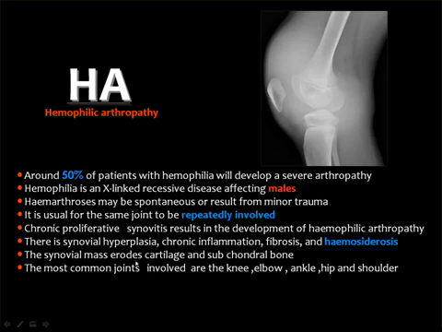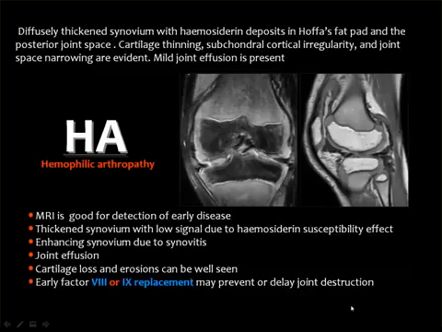Synovial masses will erode the cartilage and the subchondral bone. The most common joints to be affected are, of course, the knee, the elbow joint, the ankle, the hip, and the shoulder. MRI is considered a good imaging modality for diagnosis because it can show the blood or the hemosiderin inside the joint, and can also show the changes in the bone marrow and in the articular cartilage.